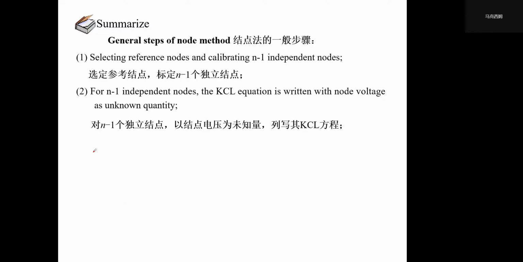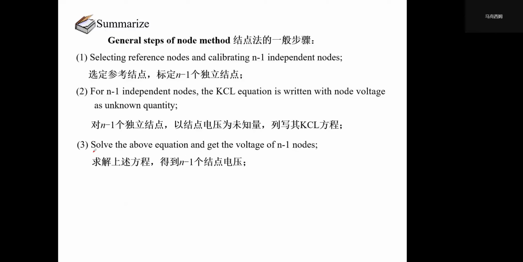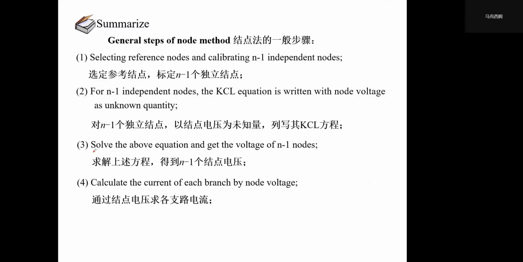The second step is to list the KCL equations for each and every one of the n-1 independent nodes. The third step is to solve the equations we listed, and we get the voltages of the n-1 nodes. This is the typical procedure.